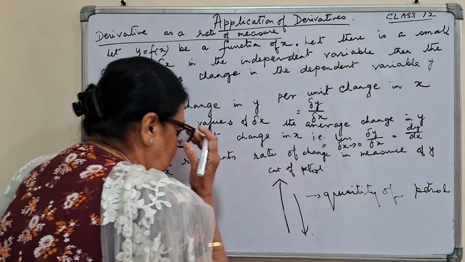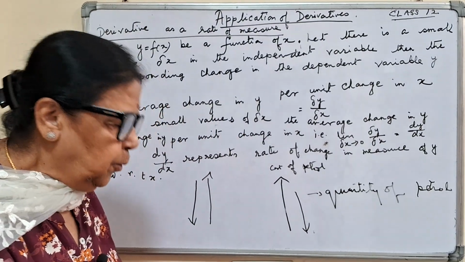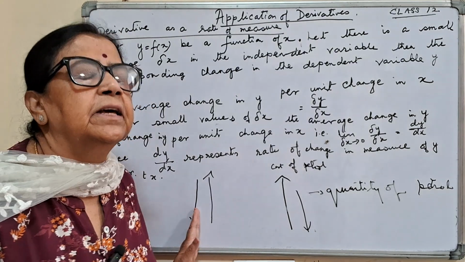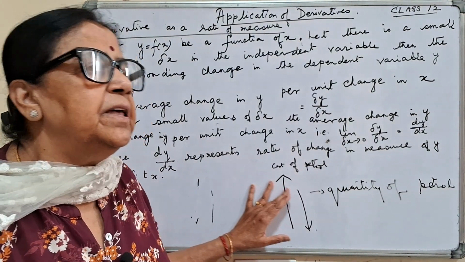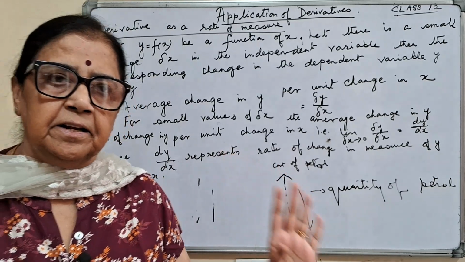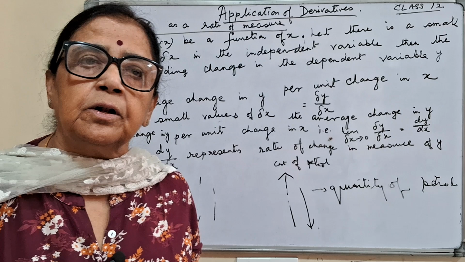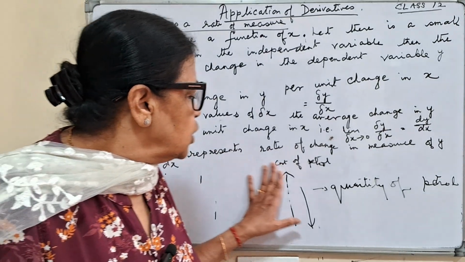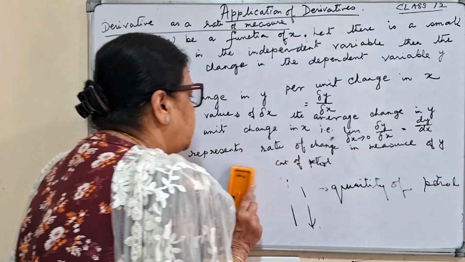Now we have many examples, and I think all of you should start thinking of daily life, where one is increasing and another is decreasing, one is increasing and the other is also increasing, one is decreasing and the other is also decreasing. So we have done this, the rate of measure.